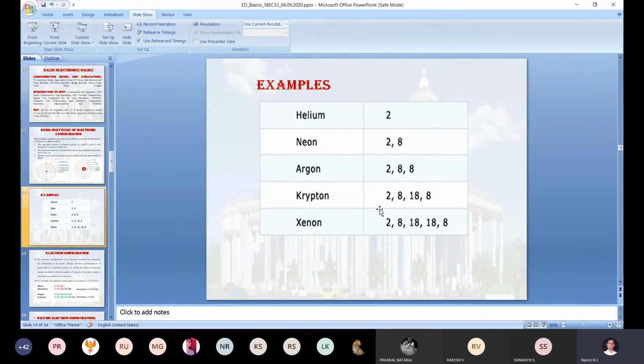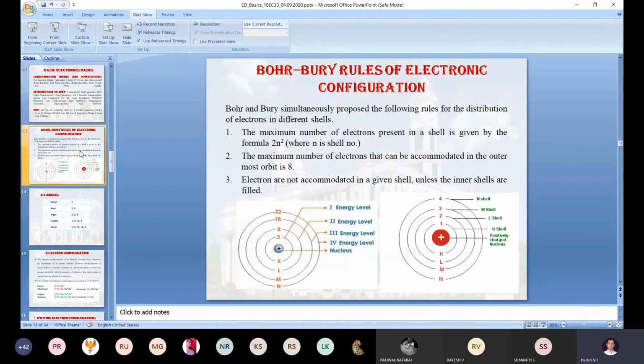So I am going to split once again with the help of some subshells. Keep in mind that the total number of electrons in a particular orbit is decided by the formula 2n square. This is very important.